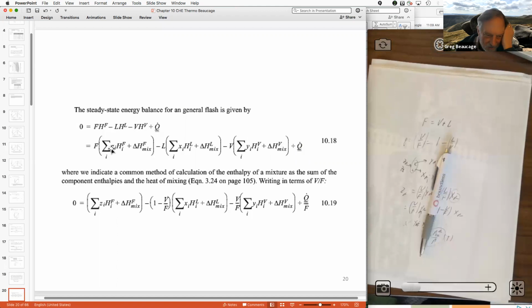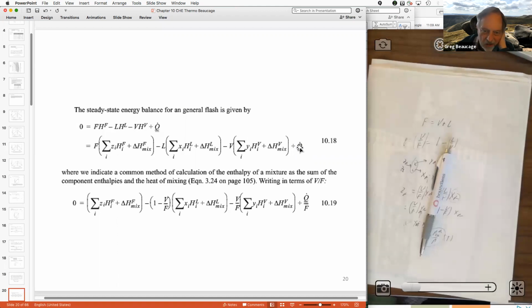I think if you put salt and water. So there's a delta H of mixing. Different fluids will have a different one, like water and ethanol reduces in volume. So I think it releases heat, so it heats up when you mix water and ethanol. So anyway, there can be a delta H of mixing that you need to include in this balance, but usually you ignore that. You say it's 0. So it's called an ideal mixture.